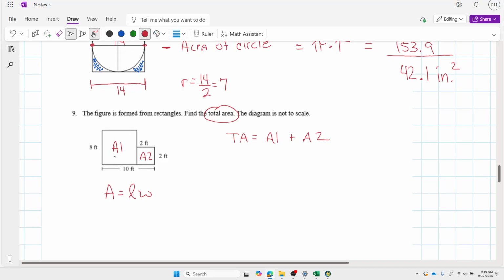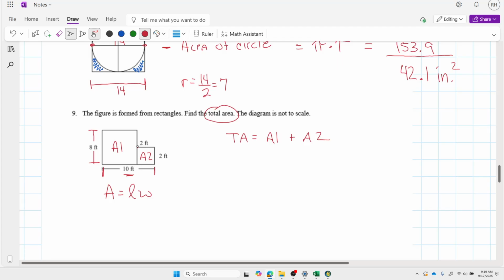So this A1 has a dimension of 8, but it doesn't have a dimension across the top, does it? Look at this dimension across the bottom. From the left side of these two shapes to the right side of the two shapes is 10 units.